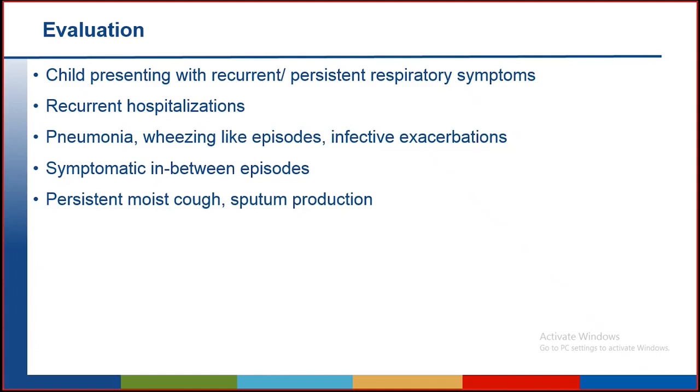So it's mainly a persistent moist cough with sputum production. The amount and color of the sputum would vary according to the degree of bronchiectasis, the degree of resolution of symptoms, and most importantly the possibility of developing or ongoing exacerbations. Exacerbations can most of the time be identified clinically early, with a change in the pattern of sputum production, especially the amount of sputum. I'm sure you know these things.